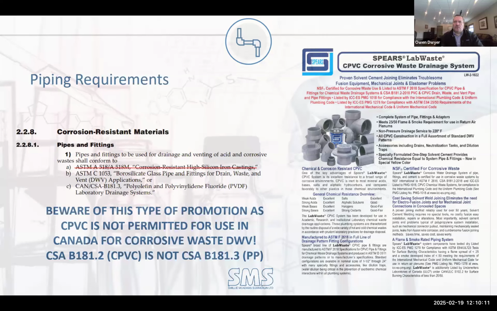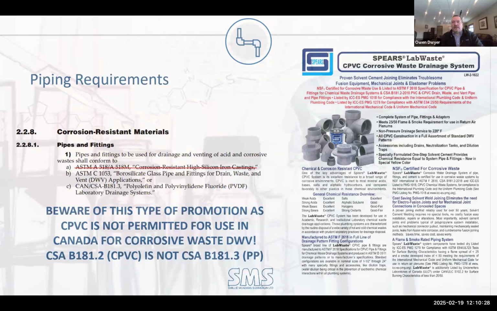Somebody would say, "Hey, what about this material? It says it's for corrosive waste, and it's CPVC material." So this, and again, this is not product bashing. This is pointing out some of the nuances.